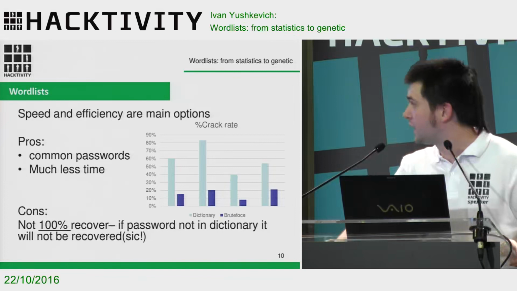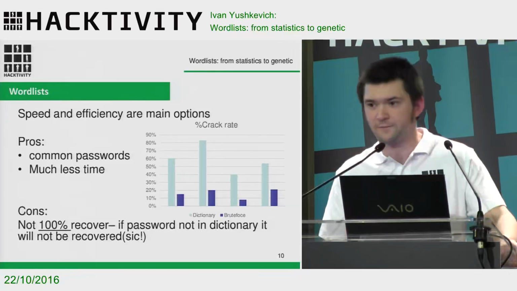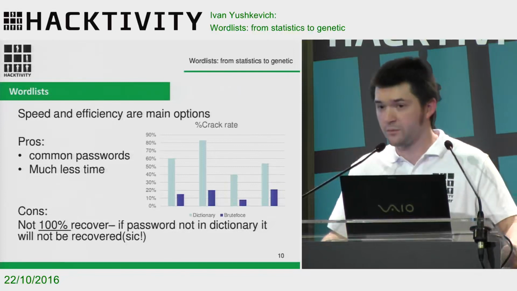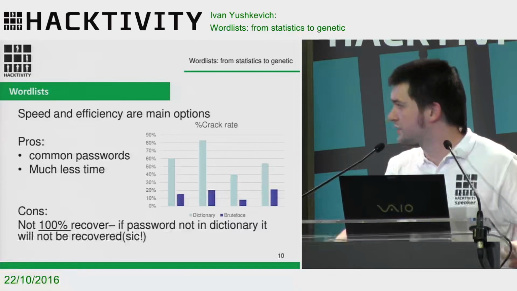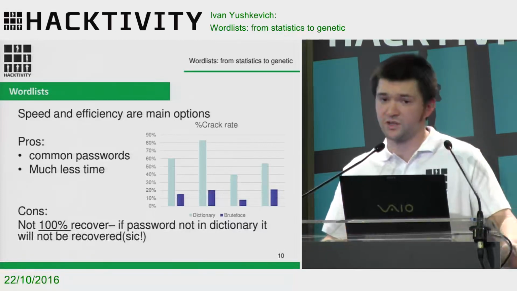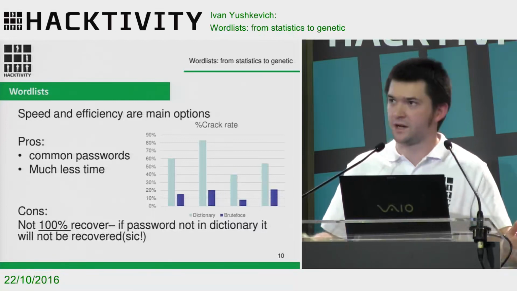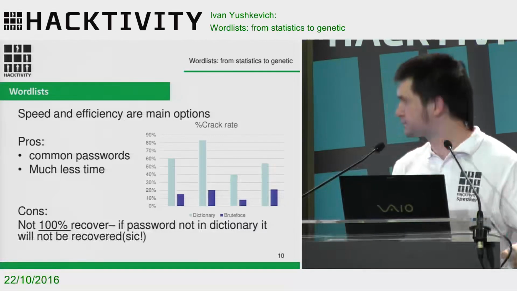As you can see, wordlist attacks allow us to recover three or even five times more passwords in the same time than brute force. But the main drawback is that if passwords are not in the dictionary, they will not be recovered. There are some methods to mutate words, but this is a common case.